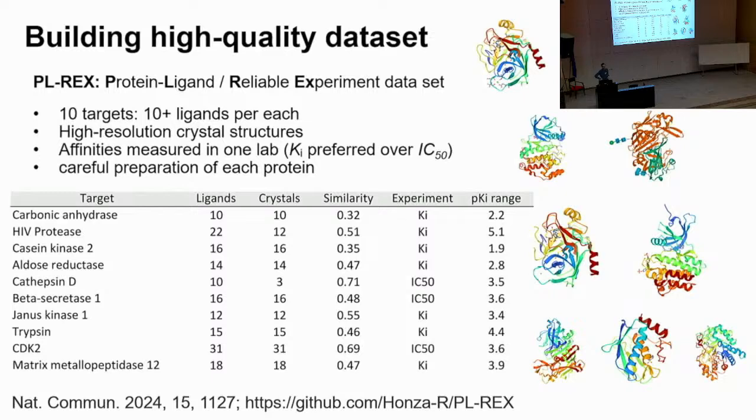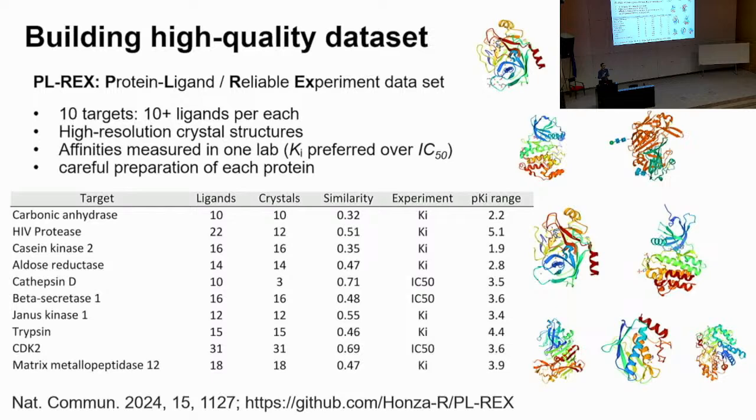High resolution crystal structures, and this means not only the resolution, but also the so-called RSCC, real space correlation coefficient, which means that the ligands really sit in the electron density. Also affinities, which were measured in one lab, which should be higher in terms of reproducibility or reliability, and Ki better than IC50.